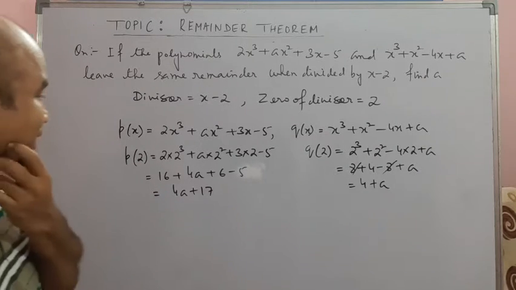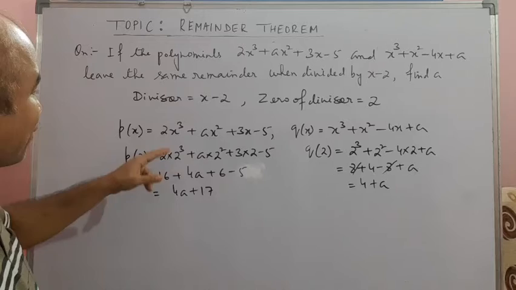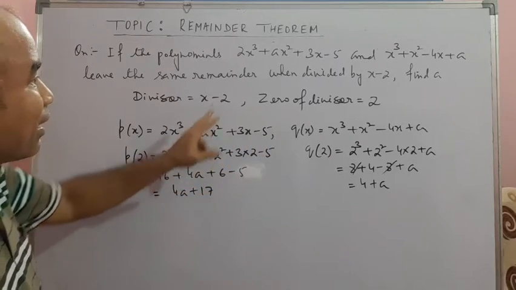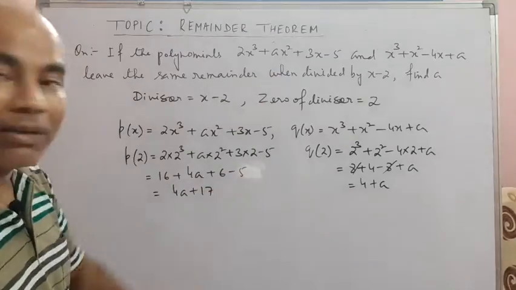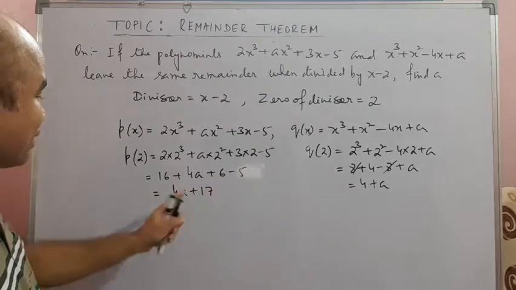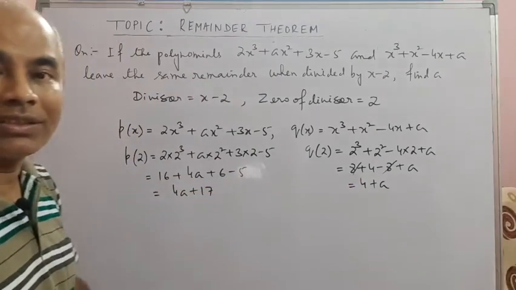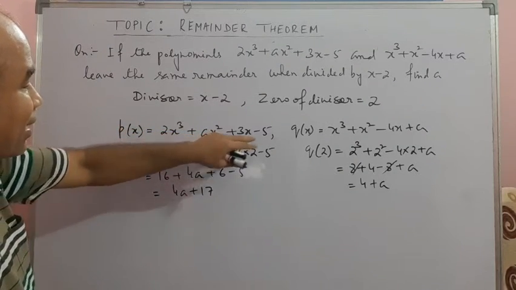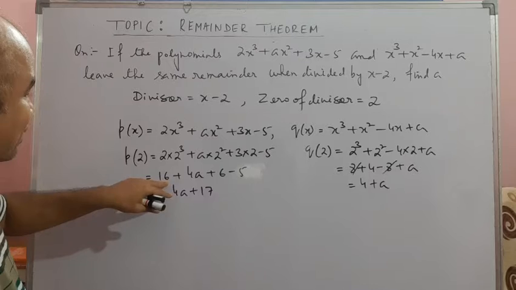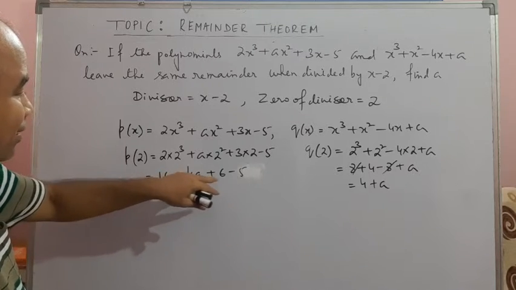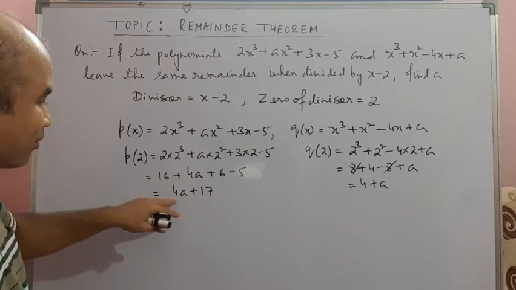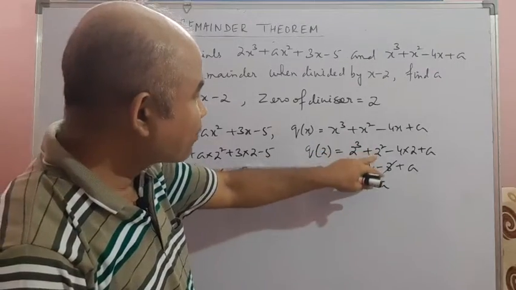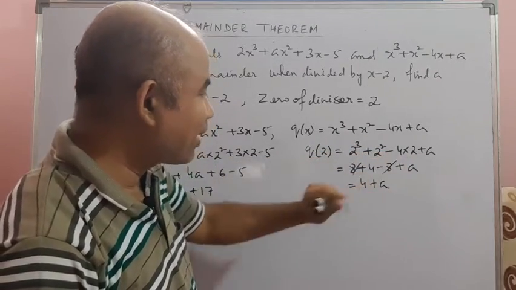Now what is the condition of the question? When you divide these two polynomials by x minus 2, the remainder is the same. That means this remainder and that remainder are equal. Here 2x cube, ax square, 3x minus 5 becomes 16, 4a, 6 and minus 5, ultimately 4a plus 17. Here 2 cube is 8, 2 square is 4, and it becomes 4 plus a.